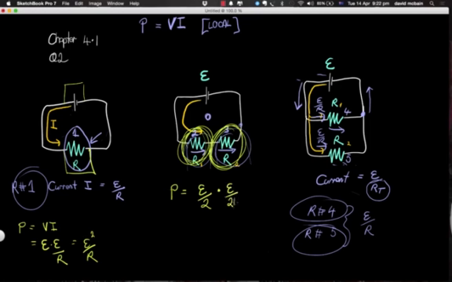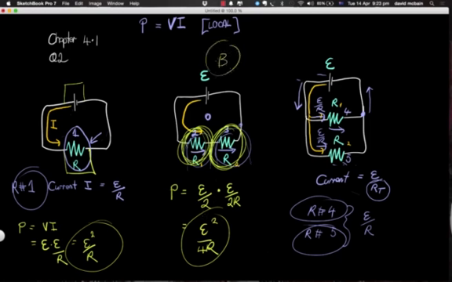Now if we work that out, it's going to be E squared over 4R. So clearly, if we compare this one and this one, that is the power being dissipated by each of the resistors in circuit B. Much less, 4 times less than the power dissipated in the first circuit.